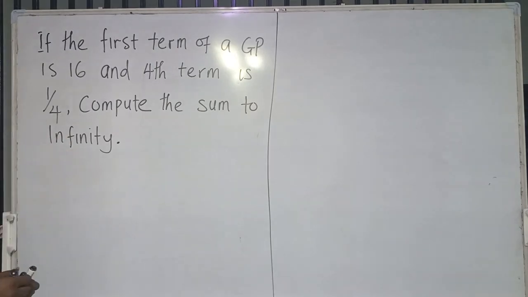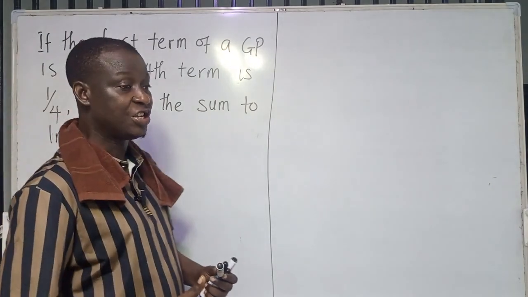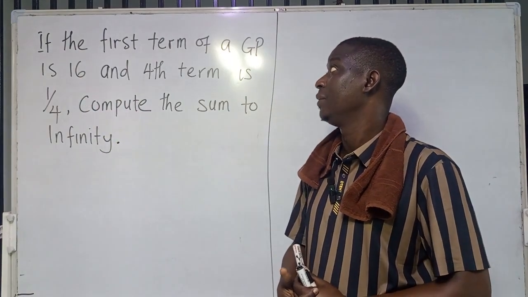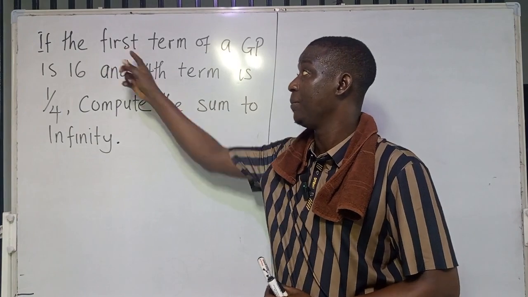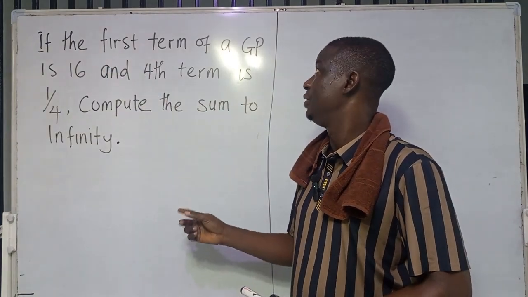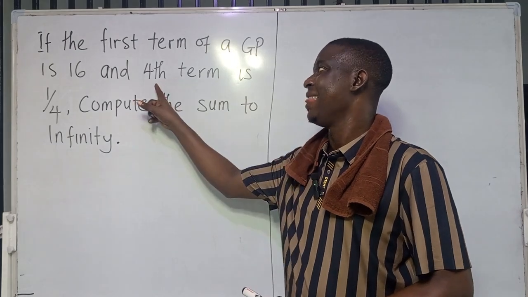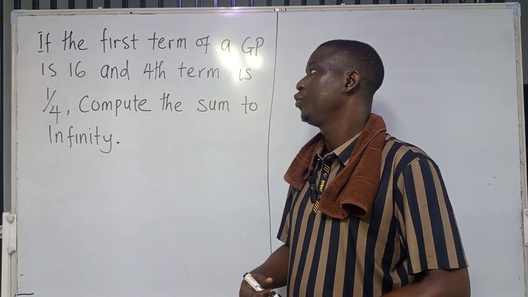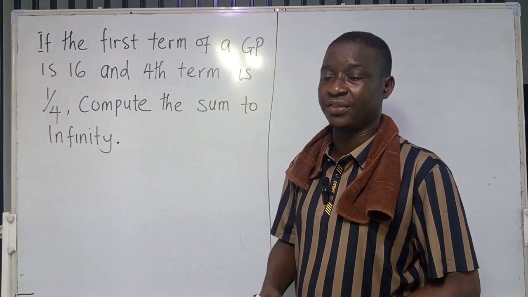We want to solve the second question. If the first term of a GP is 16 and the fourth term is 1/4, compute the sum to infinity.